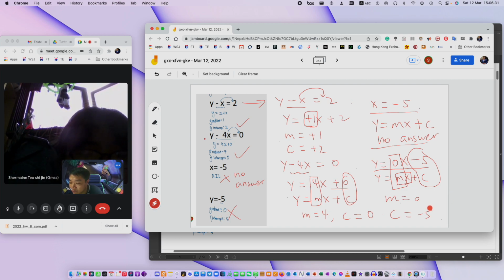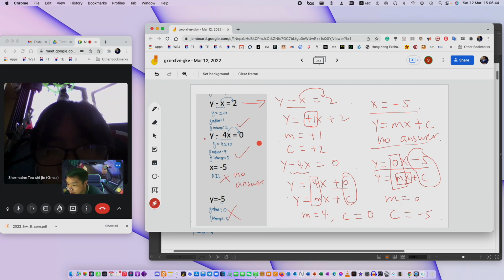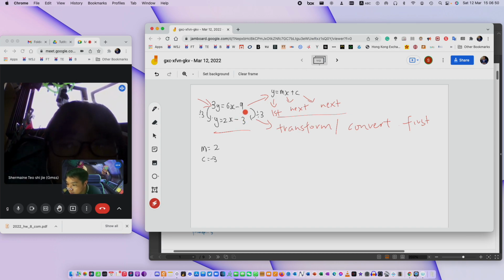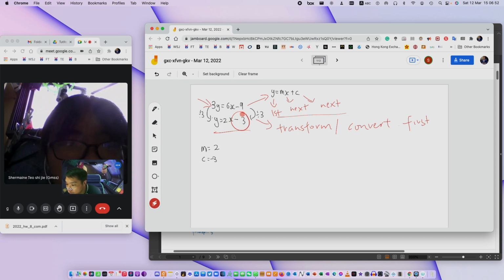Do you know why negative 5 here? Because the negative is together with the 5. Correct, exactly. Same thing like the question above on slide 1. Let's go to slide 1. Can you see that one, like negative 3 here?